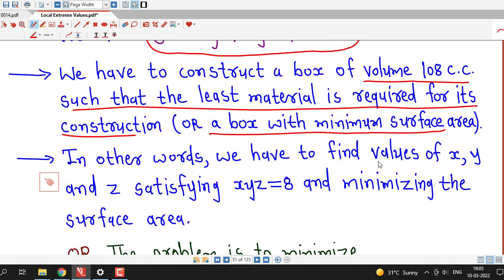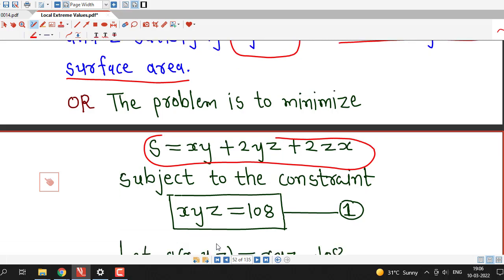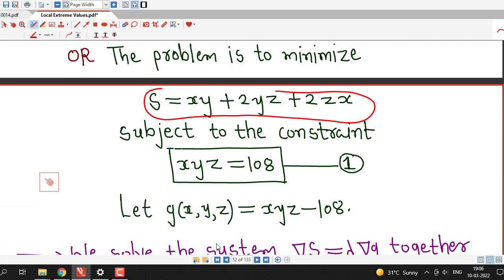In other words, we have to find values of x, y, z satisfying this constraint. Volume is 108 and volume is given by xyz, and in such a way that we obtain minimum surface area. Or in other words, the problem is to minimize this surface area subject to the constraint xyz equal to 108.